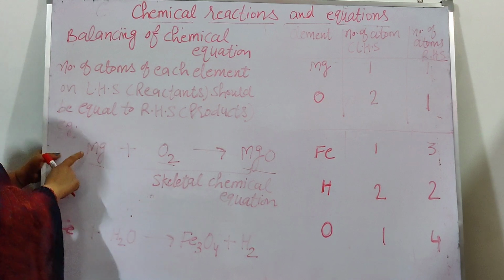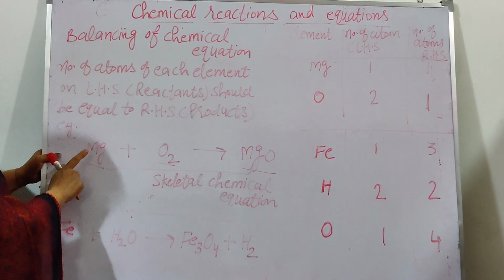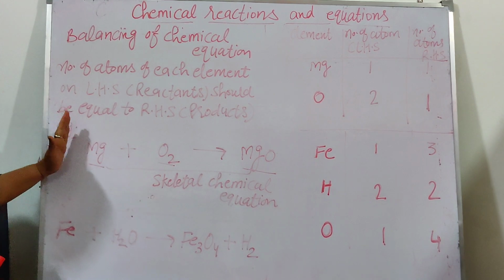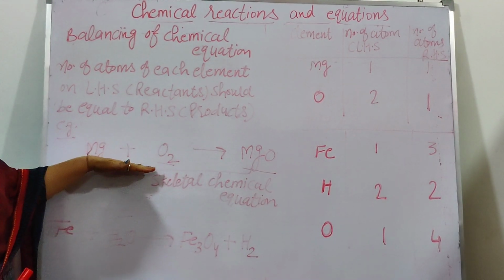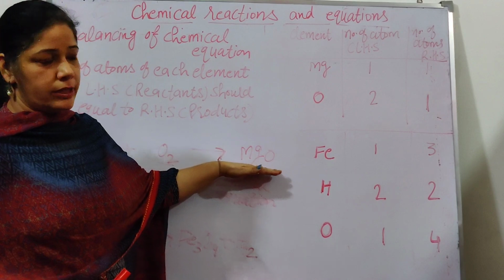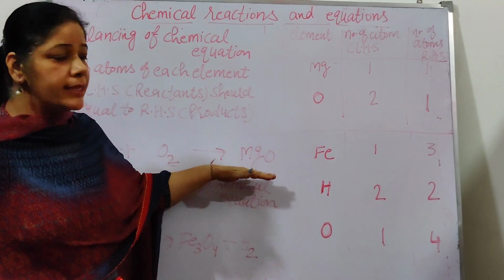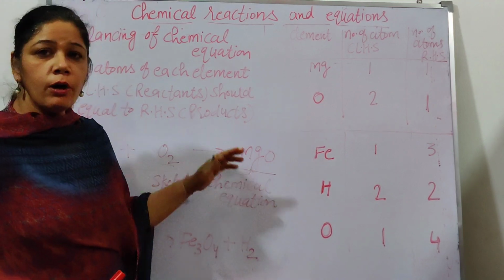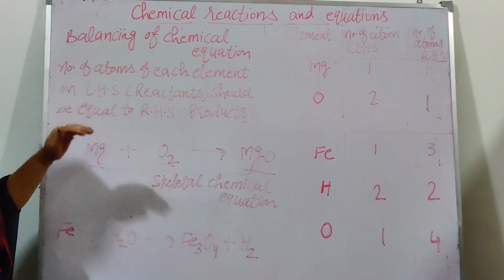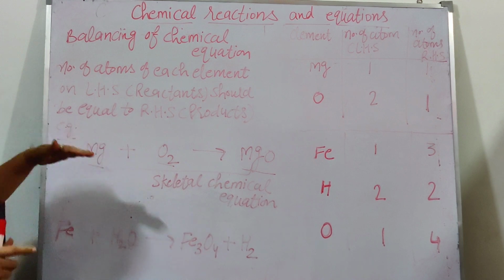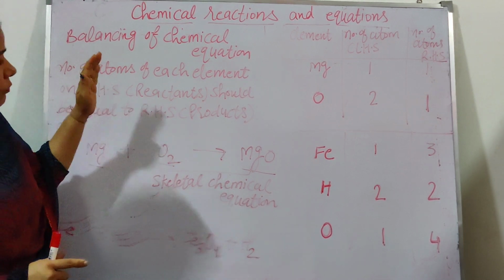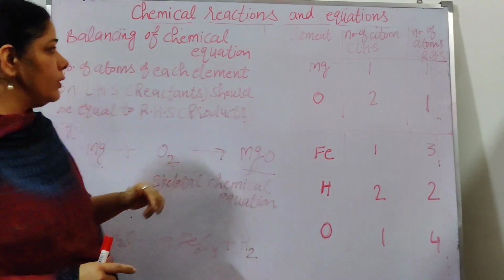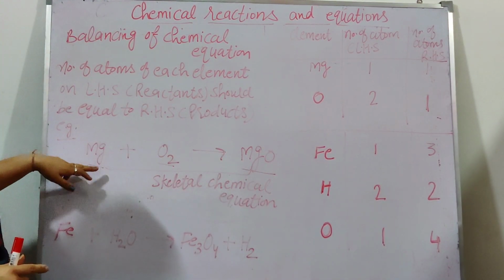But if you check the number of atoms of each element in this chemical equation, these are not equal on the reactant side and on the product side. Now we have to balance this chemical equation, and I will tell you how to balance it. That is, how to make the number of atoms of each element on the reactant side and on the product side equal. Let us balance this chemical equation.